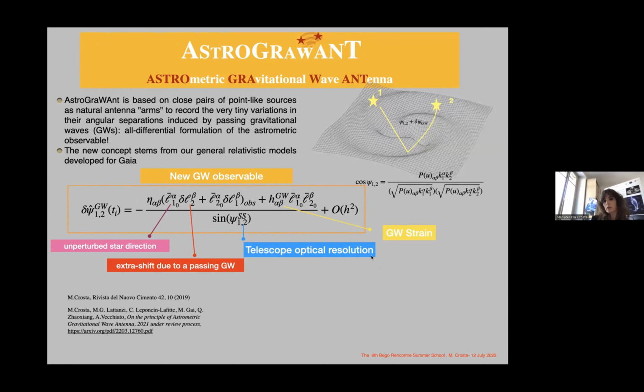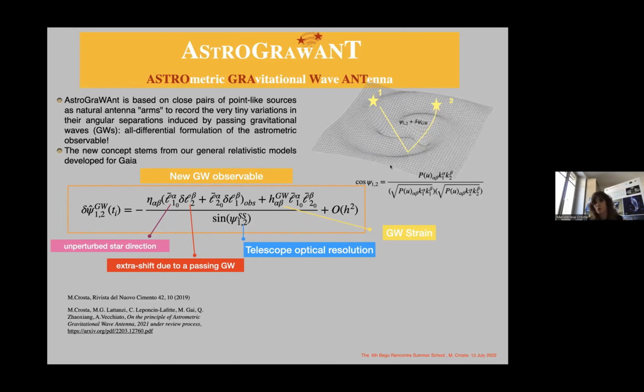By exploiting the definition of the cosine, but in a differential way, that is, by considering two lines of sight instead of one line of sight with respect to the attitude of Gaia, which would be impossible, because with a nanosecond-level observable related to the attitude of Gaia it is impossible to detect gravitational waves.